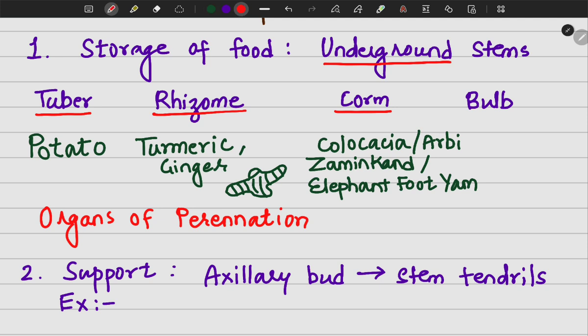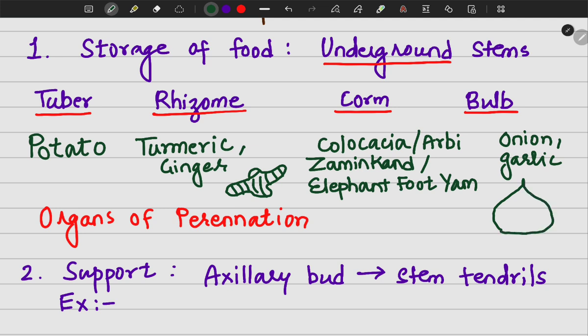Then the last example of underground stem modified for storing food is bulb. As the name suggests, the examples are onion and garlic, which look like a bulb, but the stem is actually a flattened one.